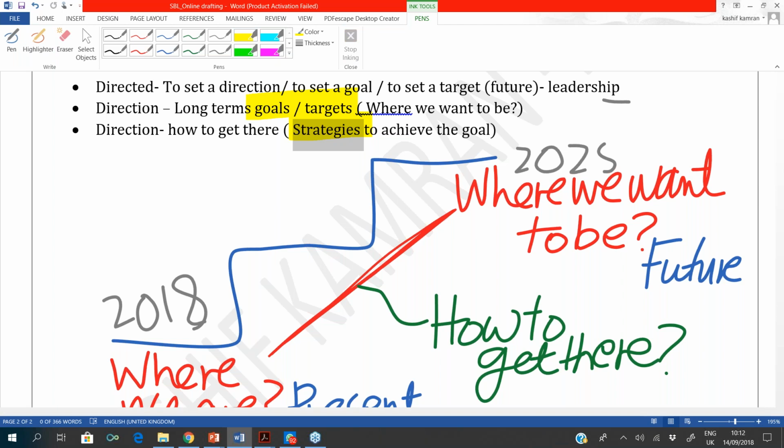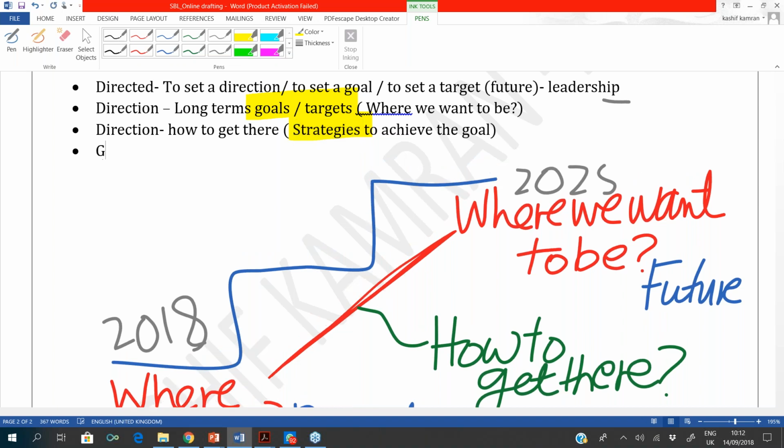So, your goal has to be realistic. And then to achieve the goal, you should have realistic strategies. So, these are two very important parameters, right? How we are directed. So we need goals. Can we say direction is equal to goals plus the strategies? Both of them are important. Setting a realistic goal and setting a realistic strategy.